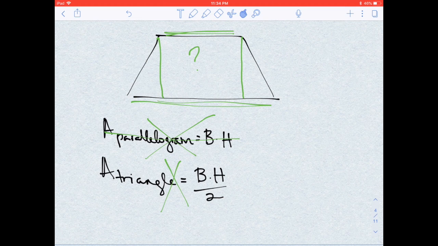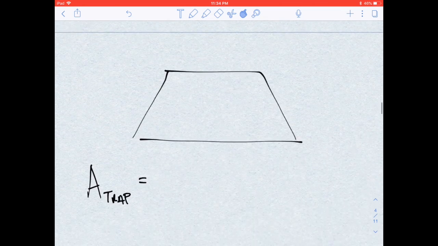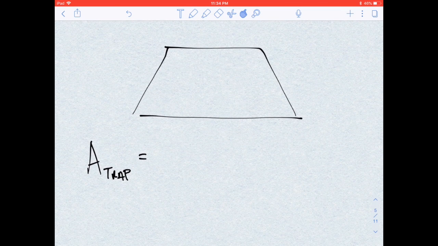So what I'm going to do is something that combines both of these. So this is a base, and this is a base, and this part right here is my height. We're going to consider this a side, and we really don't need that measurement.